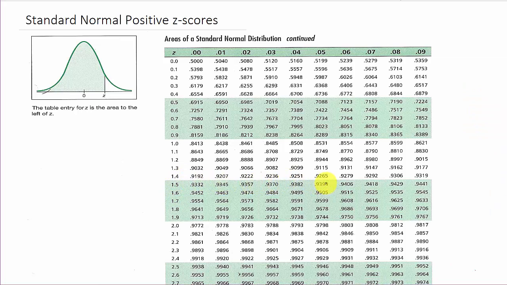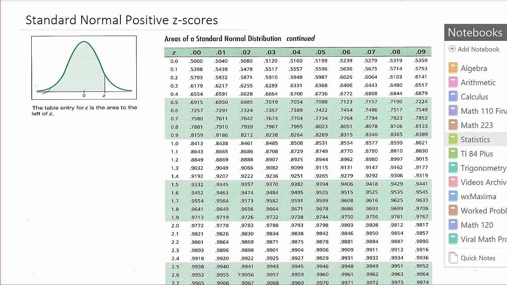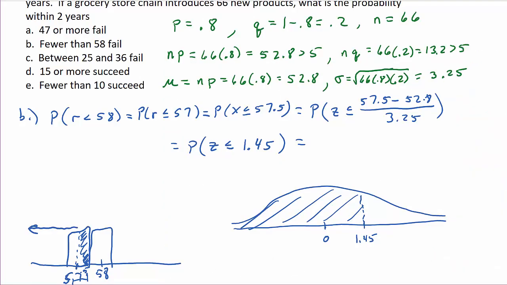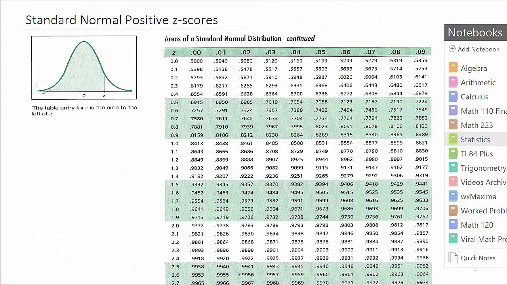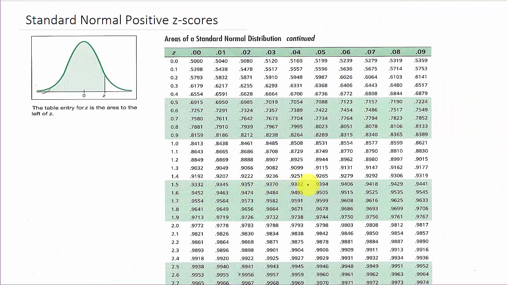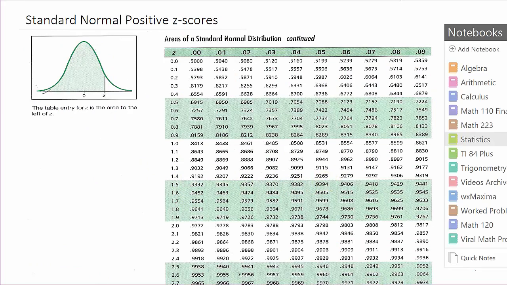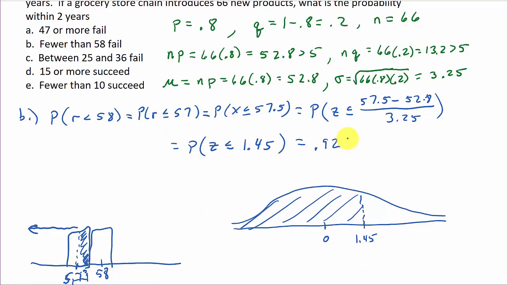So that's going to give me 0.9265. All right, and that's your answer right there.